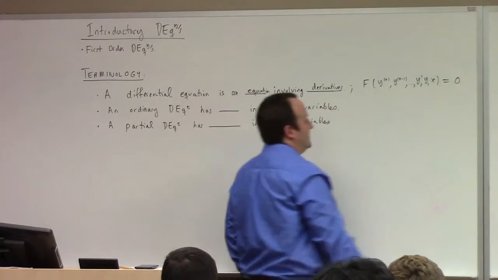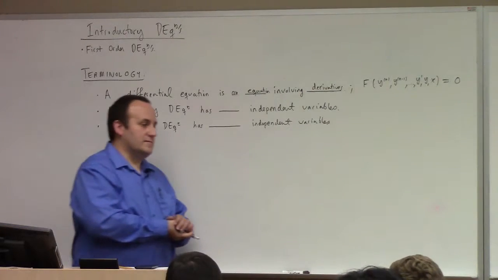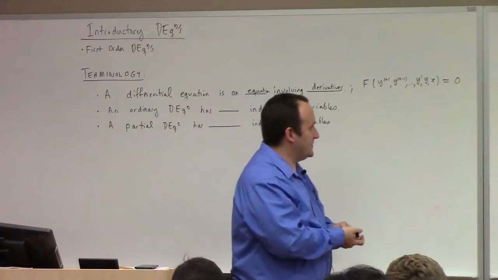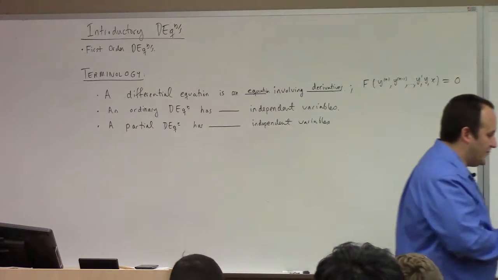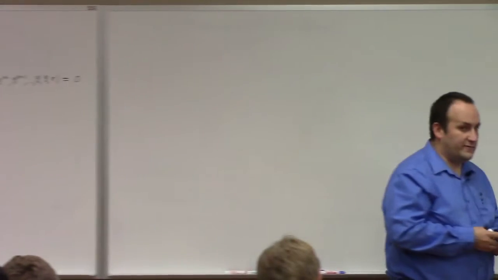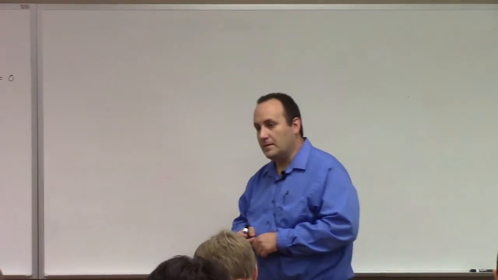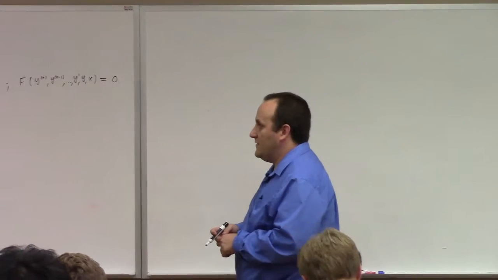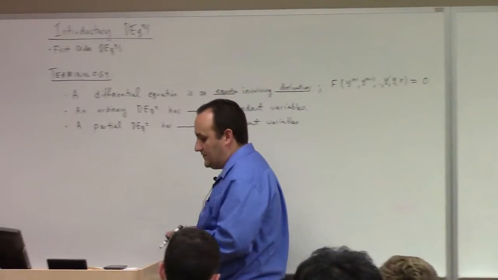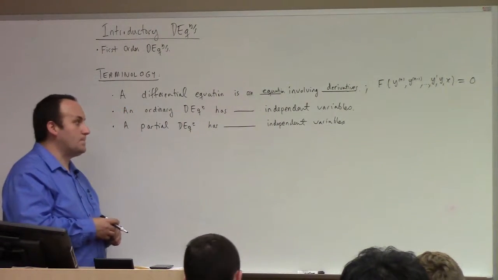So it's some kind of combination of some function of the independent variable x, the dependent variable y, and its derivatives out to some order. The highest order which non-trivially appears in the differential equation is called the order of the differential equation. So when I say a first order differential equation, I'm talking about an equation which just has the first derivative of the dependent variable appearing non-trivially.